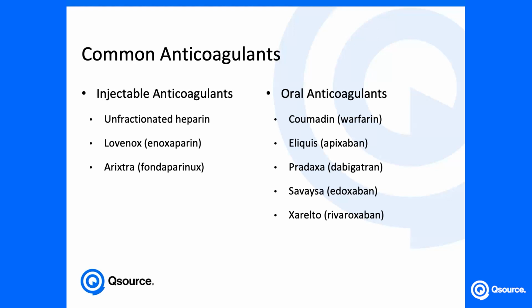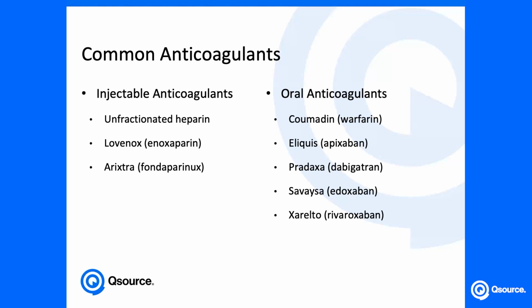In our oral anticoagulants, we have 5 oral anticoagulants. There's one that kind of sticks out as something that's been around for a really long time, and that's Coumadin or warfarin. But what we're seeing in practice, and certainly I'm sure you're seeing in your patient populations, is a movement away from using warfarin and toward using these new medications called DOACs, direct oral anticoagulants.